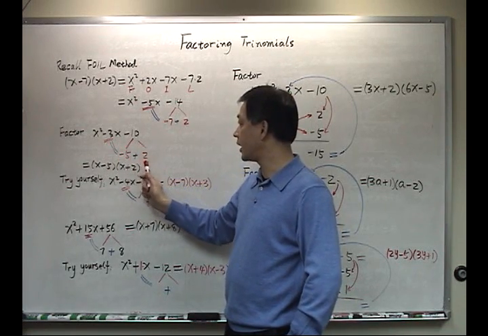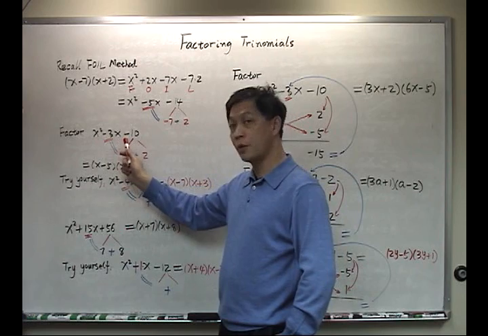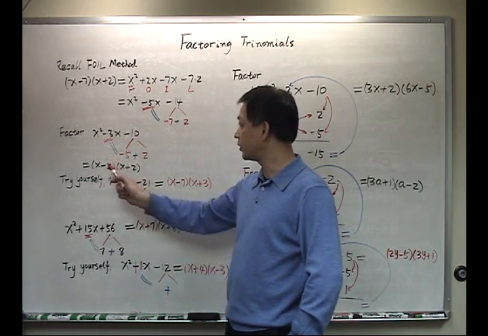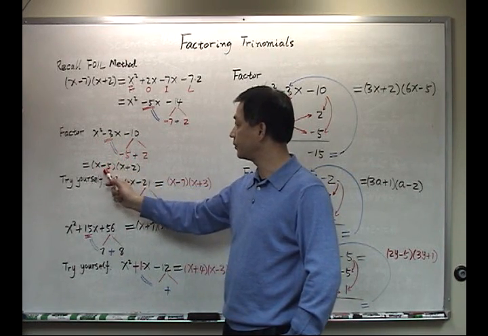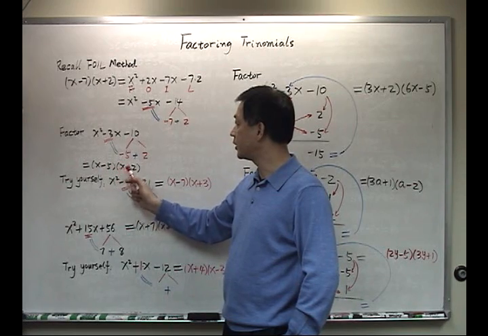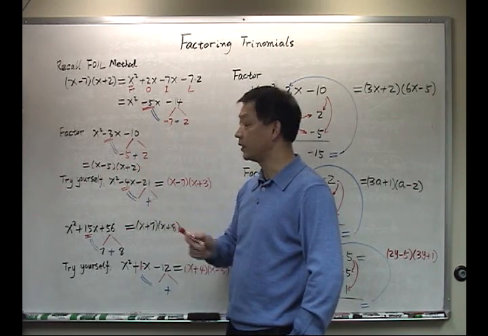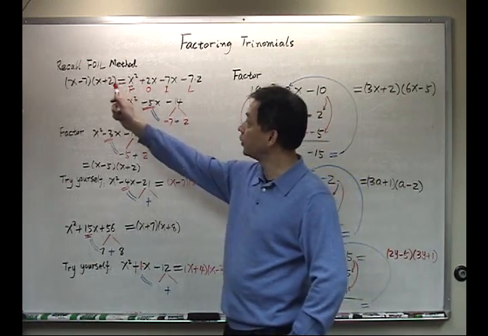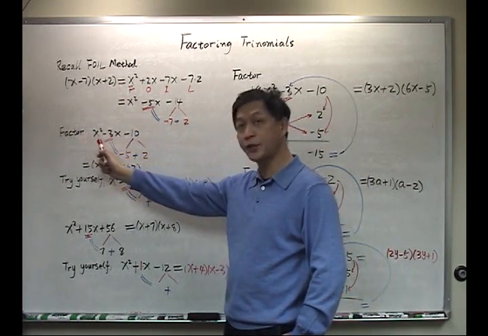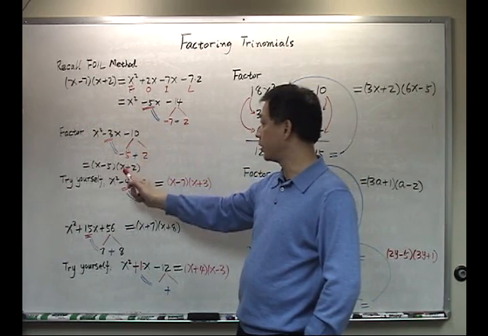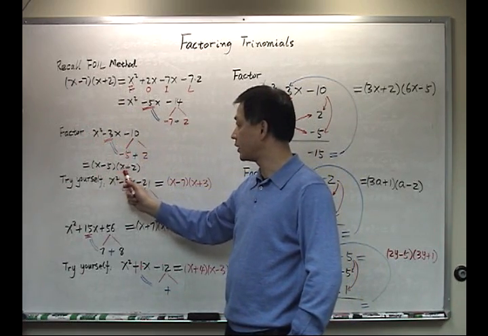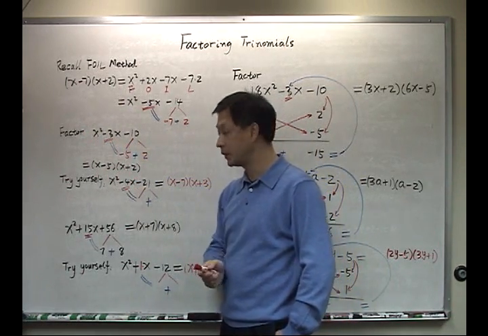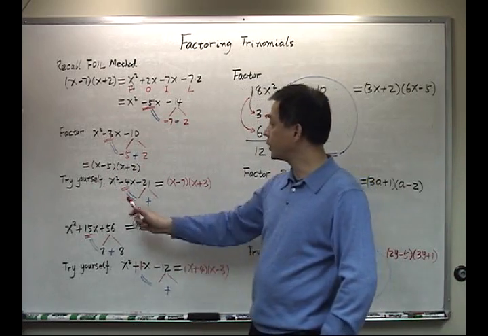So this tells us that this trinomial can be written as x minus 5 times x plus 2, right here. So based on the FOIL method, we can factor this trinomial into the product of two binomials. Now try yourself.